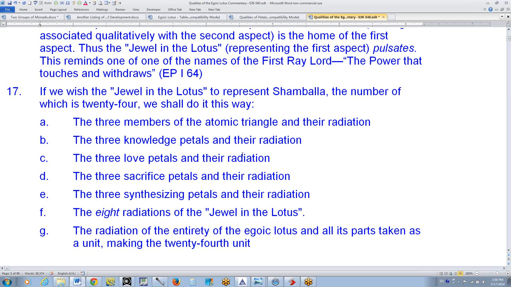And at this point, the 8 radiations of the jewel in the lotus, and then the radiation of the entirety of the Egoic Lotus. You always can take the whole finally and count it as one, and all its parts taken as a unit, making the 24th unit. But we still do not know the sources of the 8.